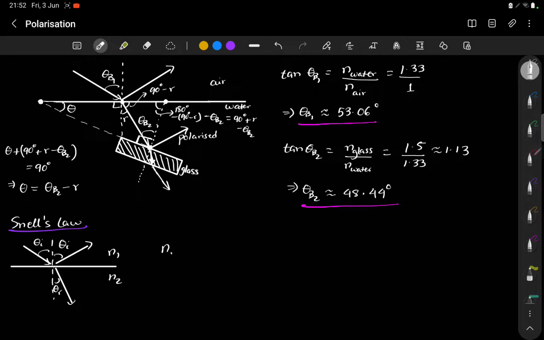So according to Snell's law, we have N1 sine theta I equal to N2 sine theta R. So this is Snell's law.